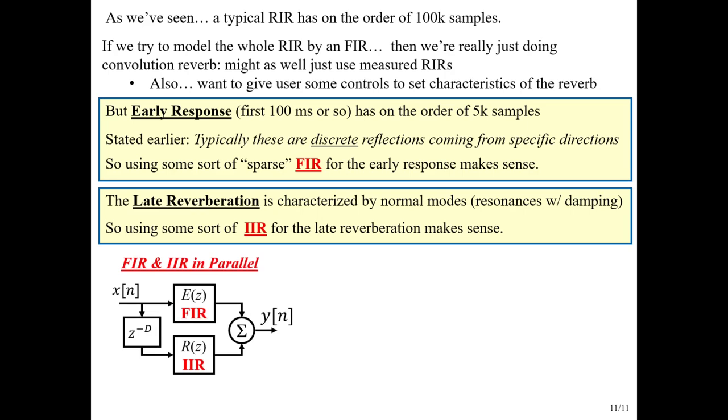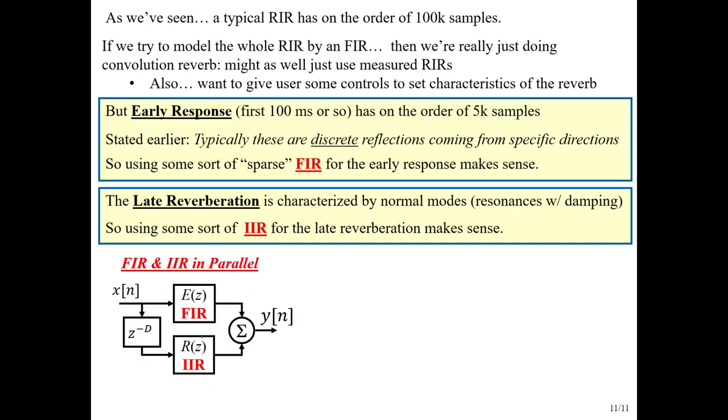So here are two structures that are possible. We'll talk in the next note set in more detail about each of these, but this is just a little bit to whet your appetite. The first approach is to take the FIR that is chosen to model the early discrete reflections, which would be a sparse FIR. Then we have an IIR that is modeling the late reverb, and you just put them in parallel. So basically the signal goes through each of them and then they get added together.